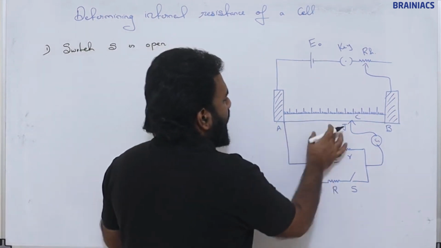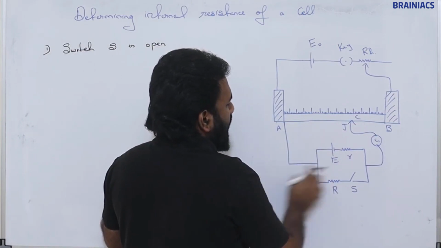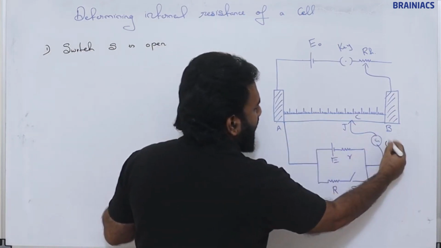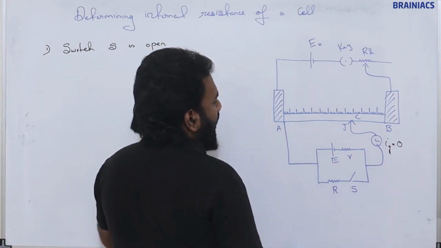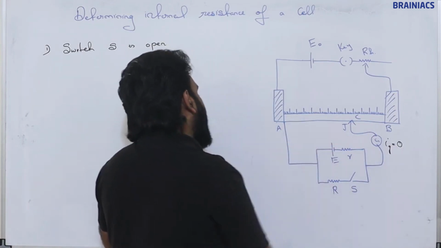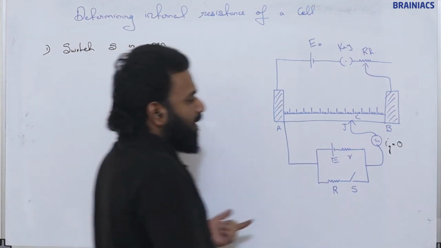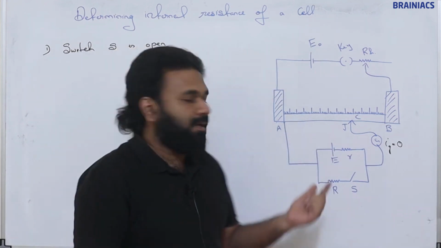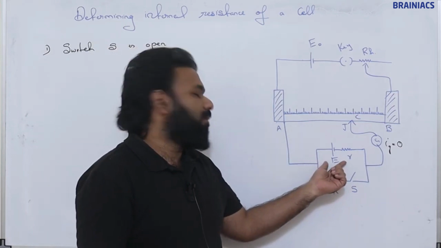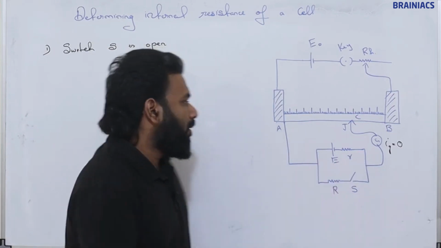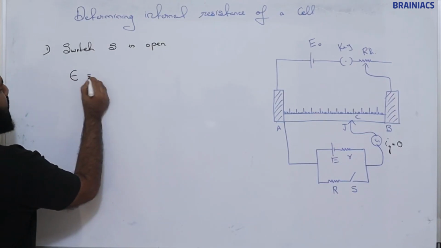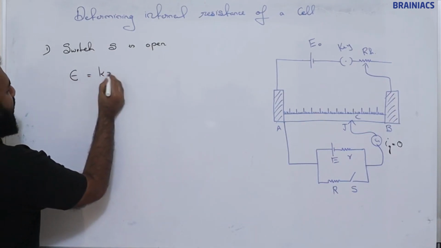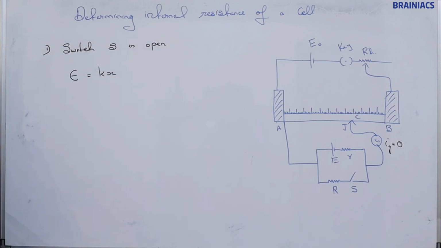If we move the jockey, there will not be any current, Ig will be 0, and we will be able to find a balancing length. That balancing length will be purely the EMF of this cell, just like E is equal to K into X, this concept only.